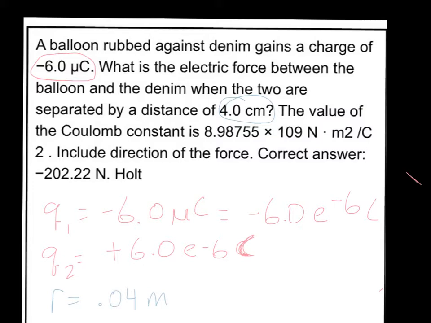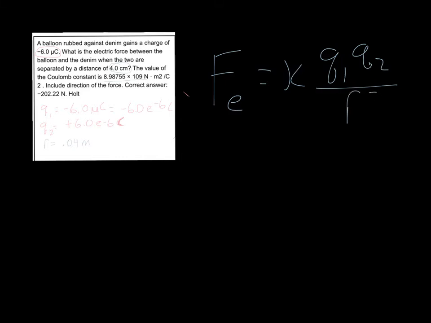Don't forget that we will need our constant when we plug it into the equation. If you remember back from the lecture video, the electric force is equal to K times Q1 times Q2 divided by r squared.